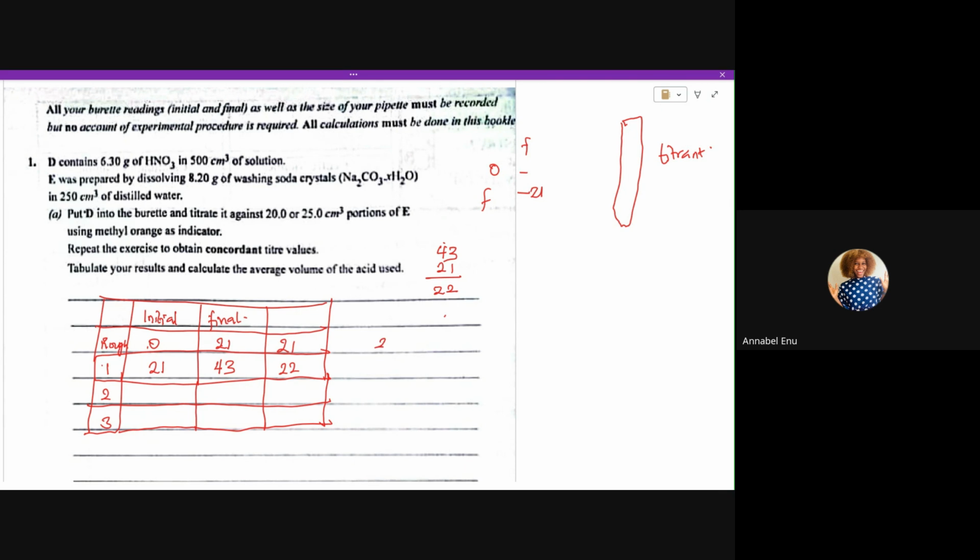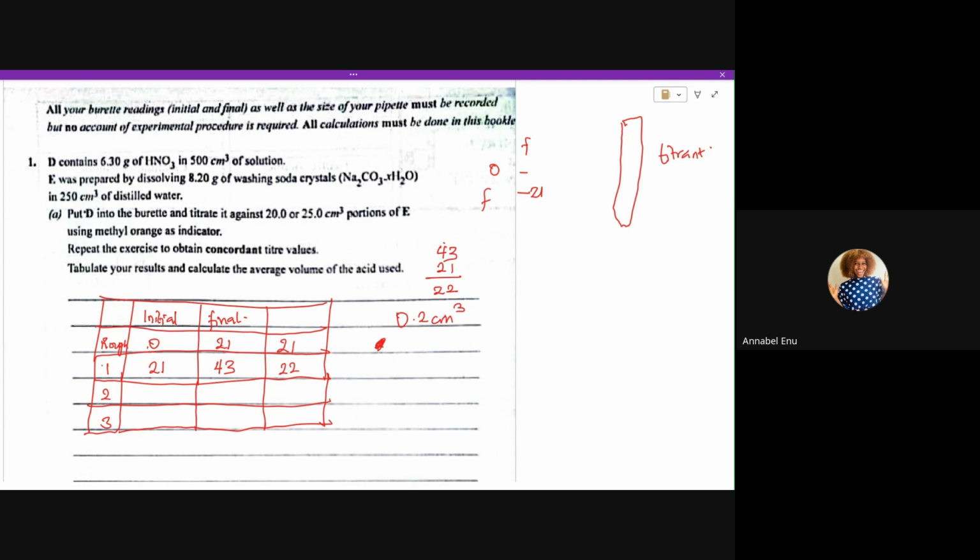Now the concordant titer value is telling us that the difference between two readings that you're going to be using should be not more than 0.2 centimeters cube. So having a difference of 2 is so much.